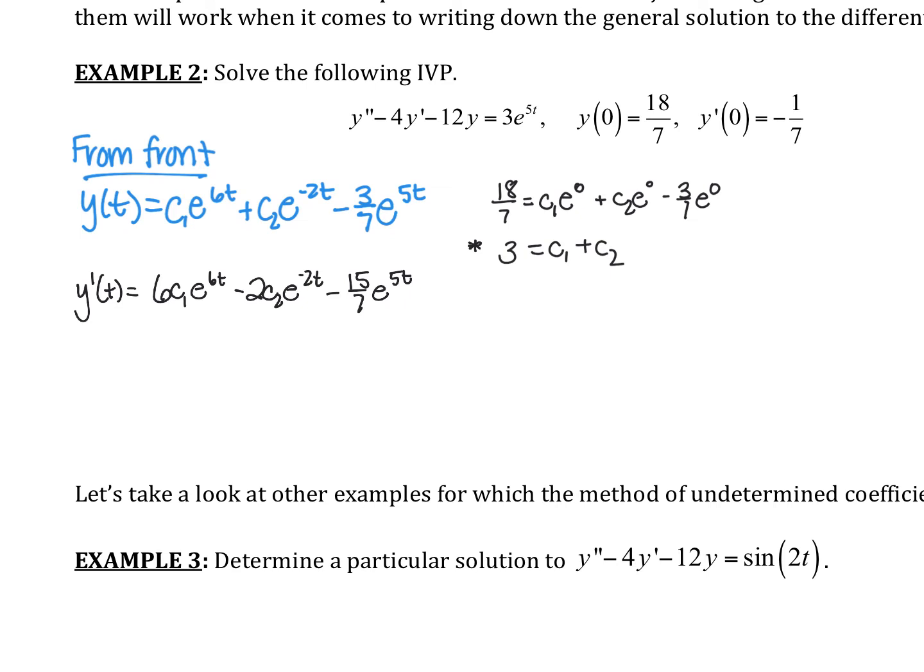Okay, substituting in here, negative 1/7 equals 6c1 e to the 0 minus 2c2 e to the 0 minus 15/7. So we get 14/7, so 2 equals 6c1 minus 2c2.